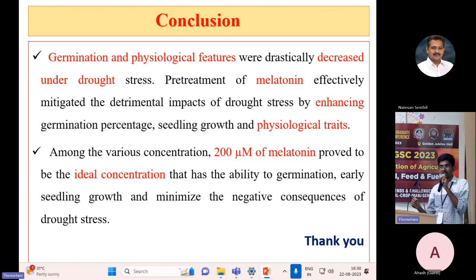Among various concentrations, 200 micromolar shows better performance. Tolerance capacity increases with melatonin concentration up to 200 micromolar. Above 200 micromolar, it does not show a significant effect. So we can conclude that for rice, 200 micromolar of melatonin is most effective to mitigate drought stress. Thank you.